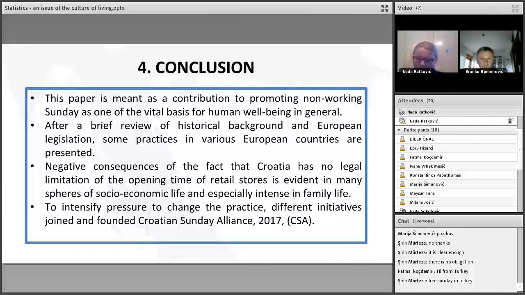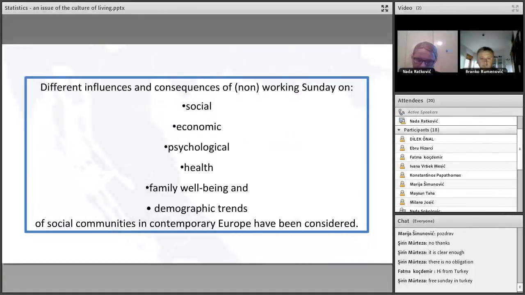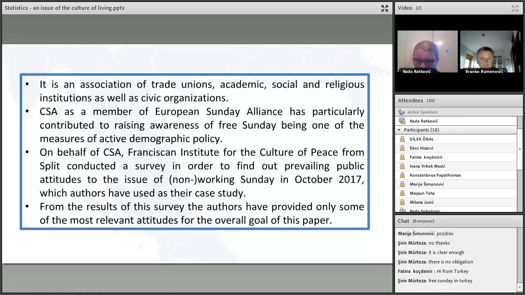So we said that there are many initiatives joined and founded with the Croatian Sunday Alliance in 2017. Influences and consequences of non-working Sundays are on social, economic, psychological, health, family well-being, and demographic trends.